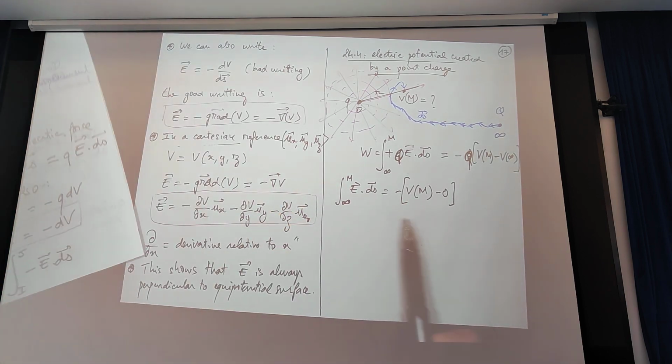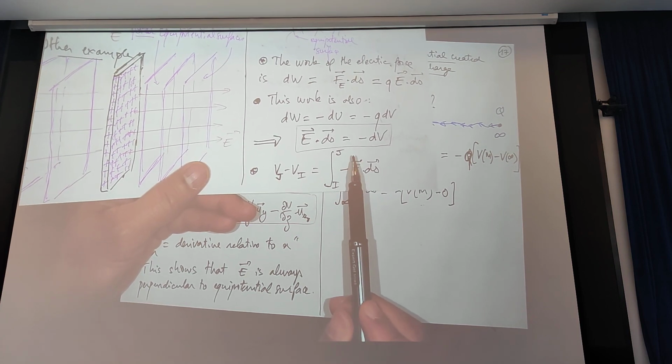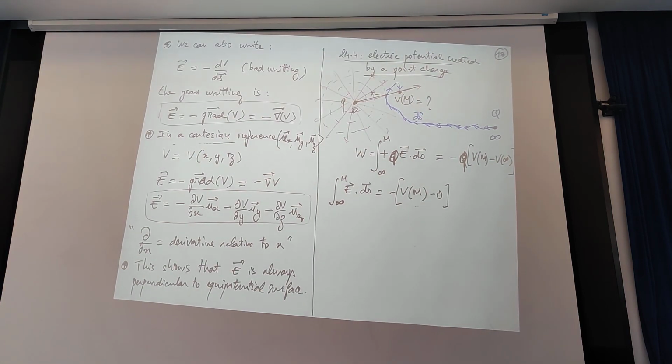And again, this equation is only the integration of this one. Your question is why the potential at infinity is 0? Because if you are very far from the charge, the charge has no influence somewhere very far. So we can decide that the potential at very far is just 0.